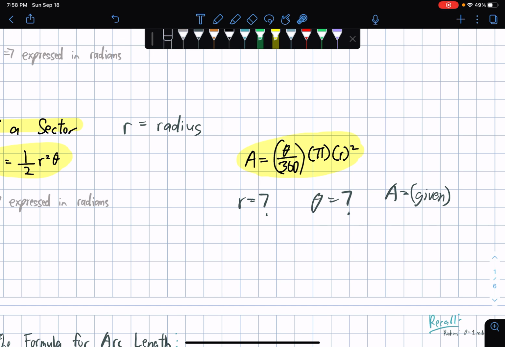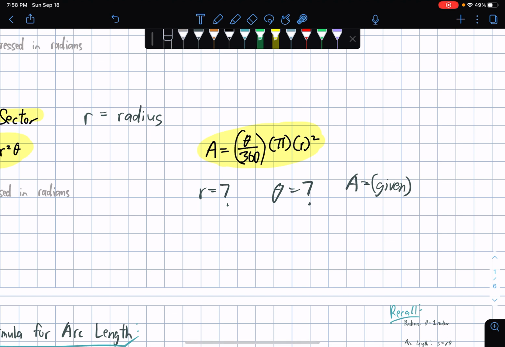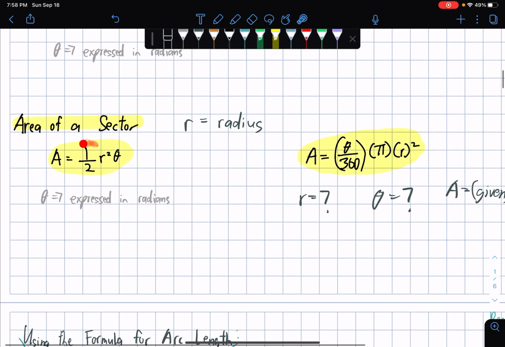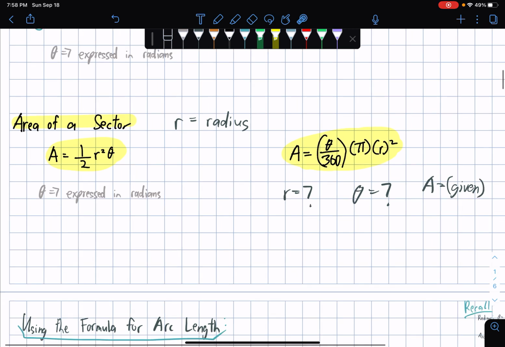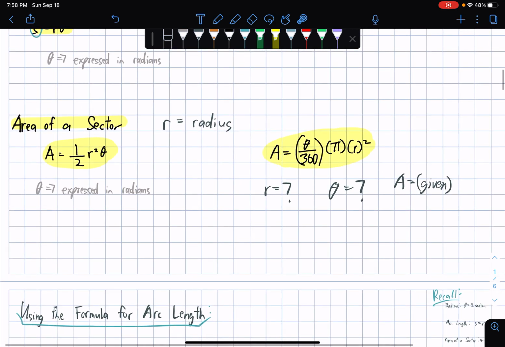Just know that this formula will come in handy. I realized that when you use the other formula in finding the radius and theta, it's not exactly as useful. Actually, it's not useful at all. You'll find a different answer for some reason. But anyways, this is the formula that you use to find a missing radius or a missing theta value given area.